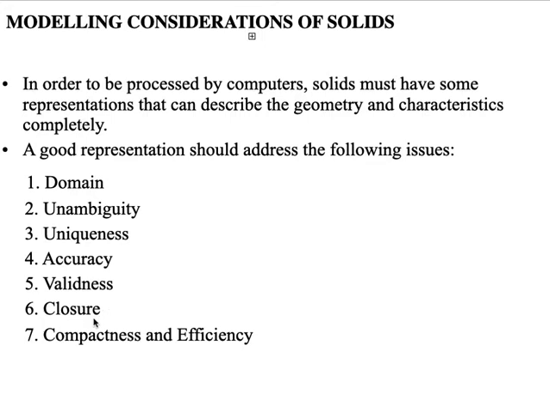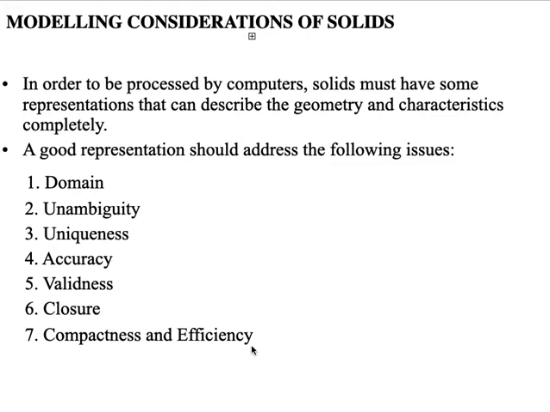So closure: a solid will be transformed and used with other operations such as union and intersection. We'll see what union and intersection are. And closure means that transforming a valid solid always yields a valid solid. And last, there is compactness and efficiency.